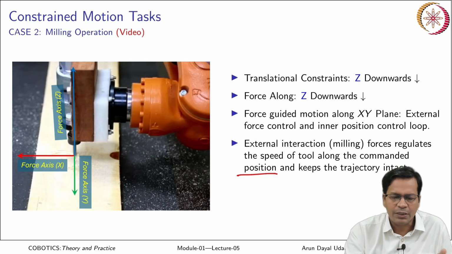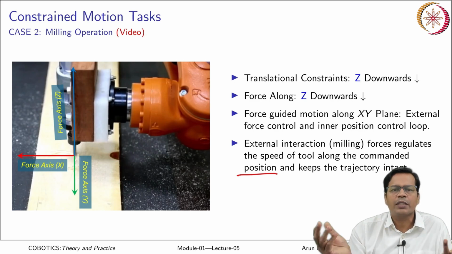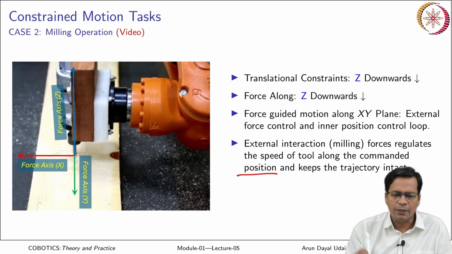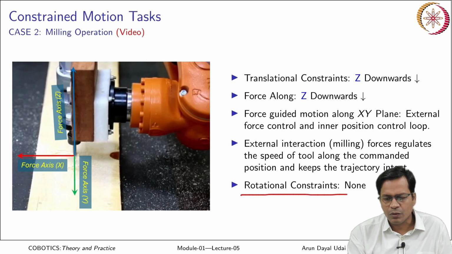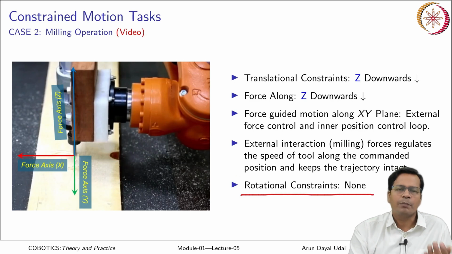So, this operation is a little bit different from the board writing process, where we assumed there are no frictional forces along the xy plane, that is the plane of the board. Okay. And there are no rotational constraints here, but still we do not prefer doing the roll and pitch or even yaw motion.